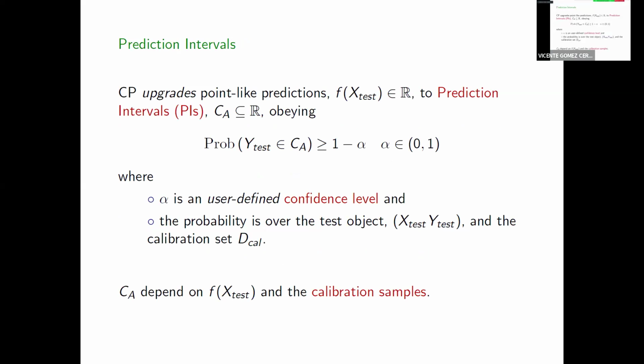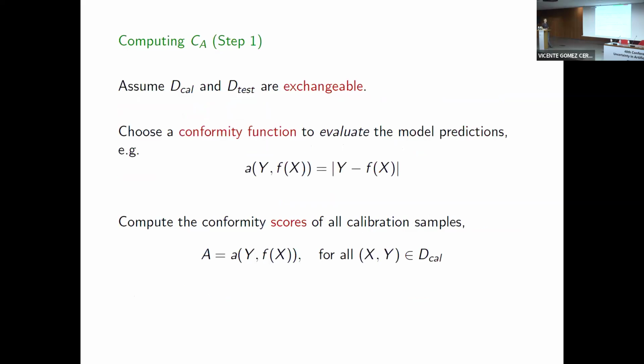The key point here is that the probability is taken over the test object. Of course, we see Y test, there is also X test somewhere, but also over the entire calibration set, so part of the IID data that I introduced before, and the dependence on that data is hidden in C alpha. So C alpha here is the prediction set.